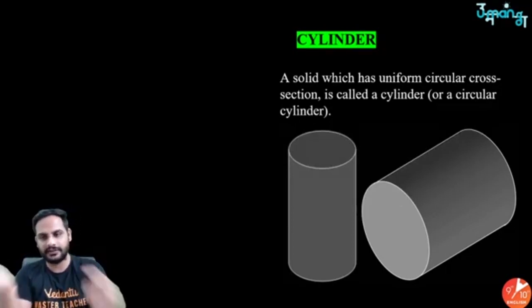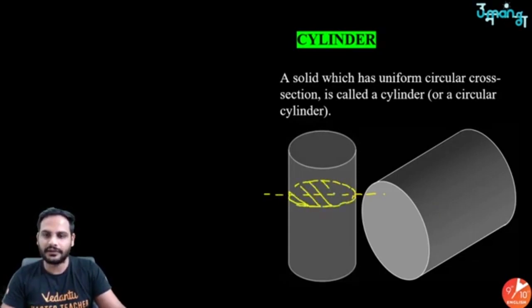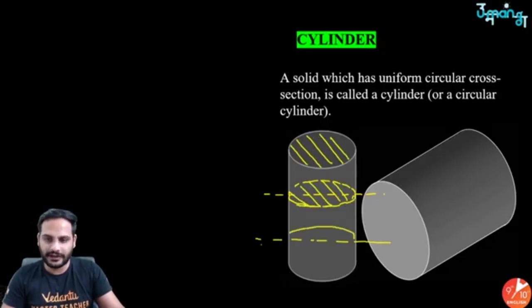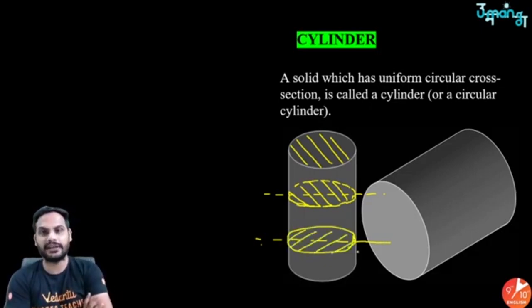That means at any point on this cylinder, if I make one cut like this, then everywhere I am going to get the same circular cross section, same as the top. If I cut it over here as well, in that case also again I am going to get the same circular cross section.